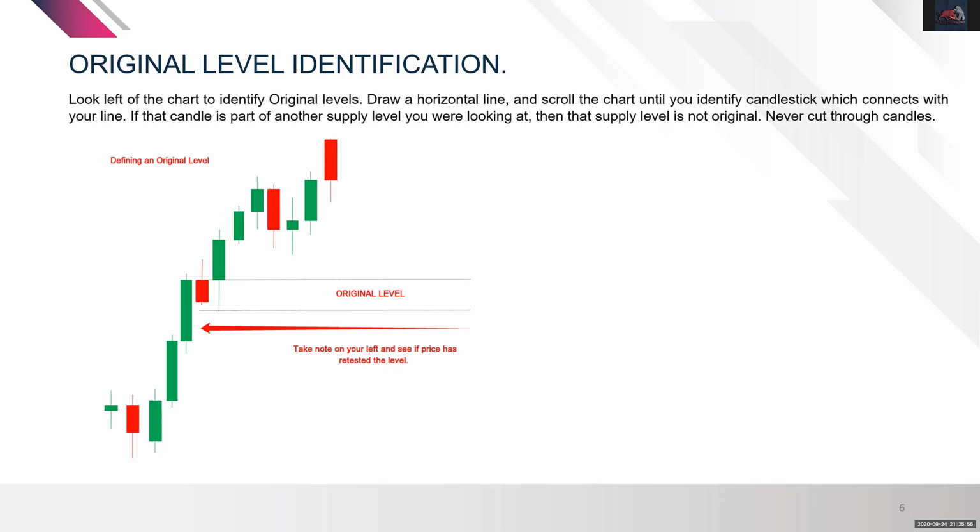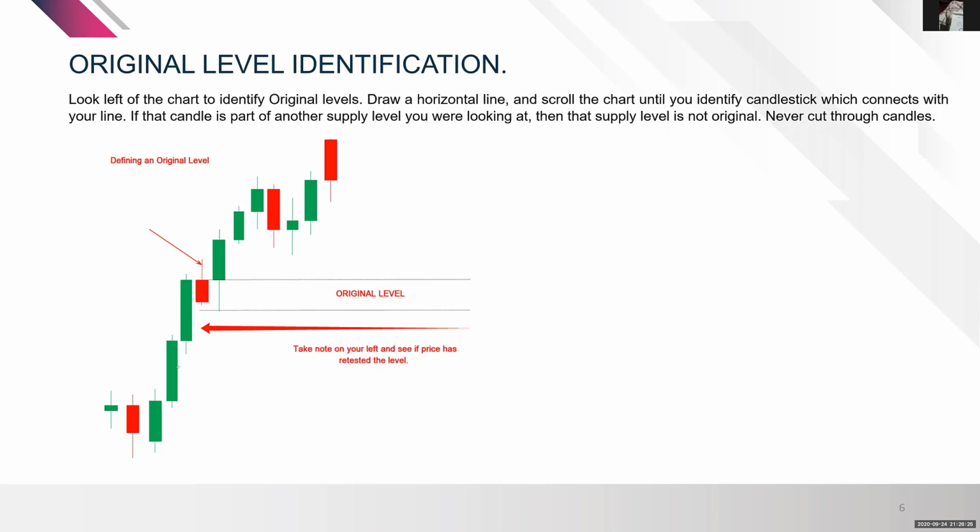Like you see on the illustration that we have, market is bullish. This can be a monthly chart, a daily chart, or a weekly chart. During that bullish momentum, you get candles like this. You see this candle?